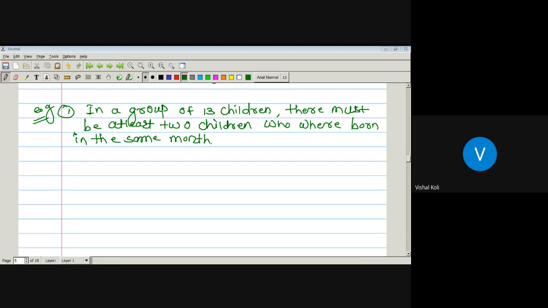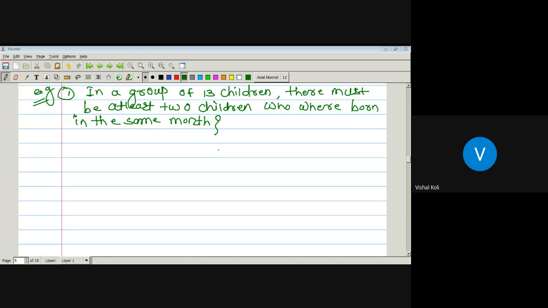How many children are there? 13 children are there. Okay, and we have to check that whenever we have 13 children, there must be at least two children who were born in the same month. How many months are there? There are 12 months. Okay, so let us see the solution.